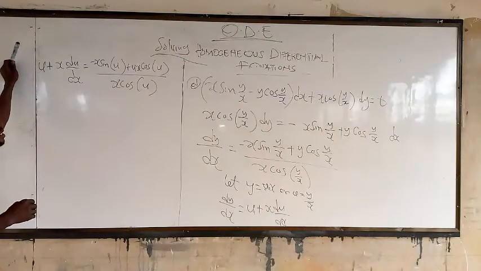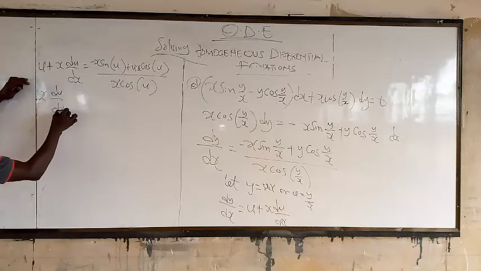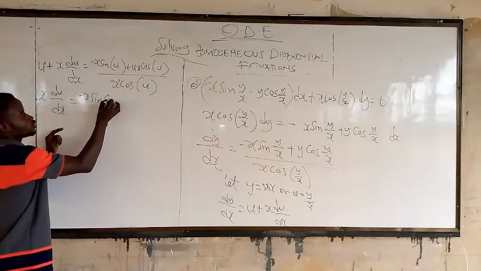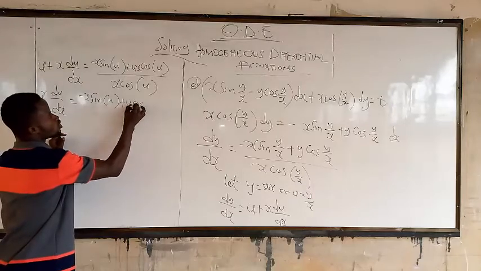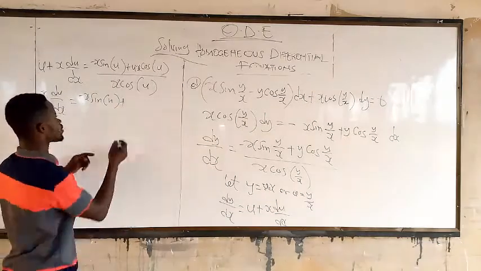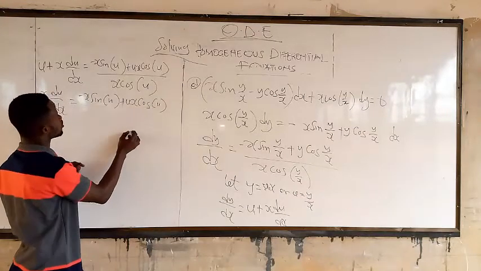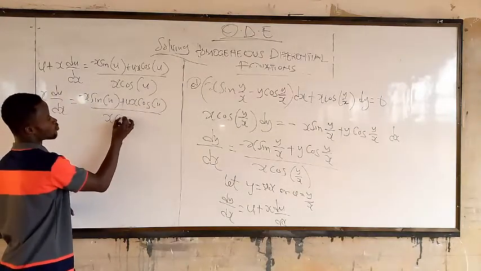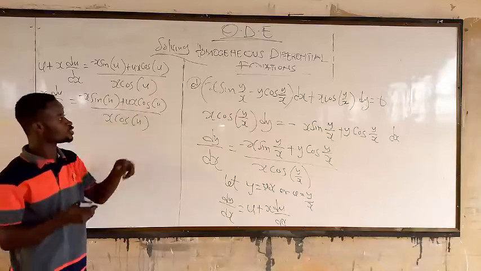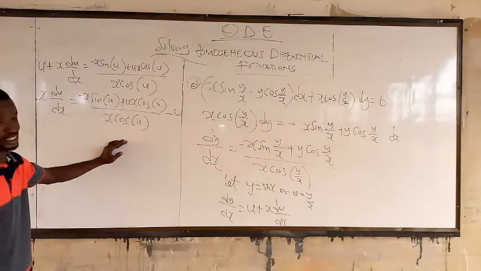Wow, let's start with the gymnastics. So here, the x du/dx is going to be, we send this to this side, negative x sin u plus ux cos u, all this over x cos u minus u. Now we want to maintain the same common denominator.